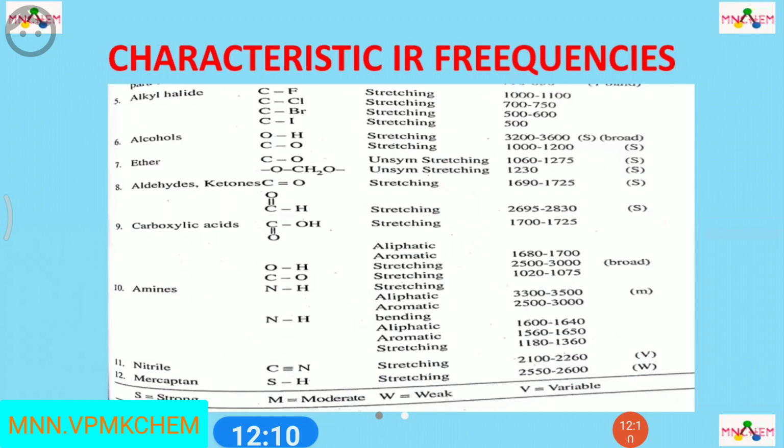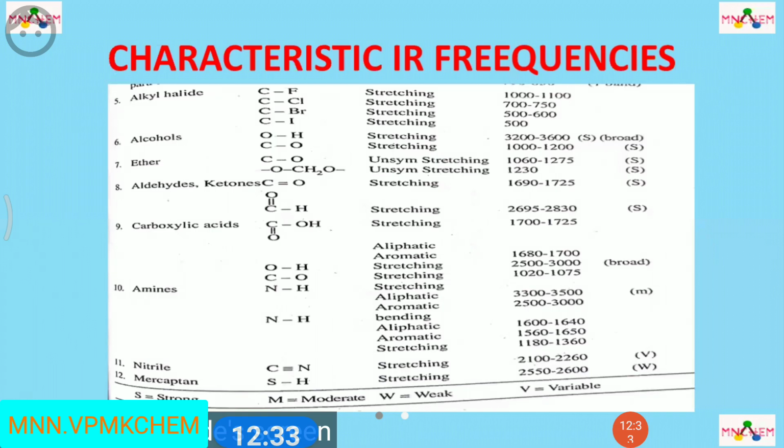Aldehydes and ketones show CO stretching frequencies in the region of 1690 to 1725 per centimeter. And aldehyde shows a CH stretching frequency at around 2695, or we can say 2700 to 2800.